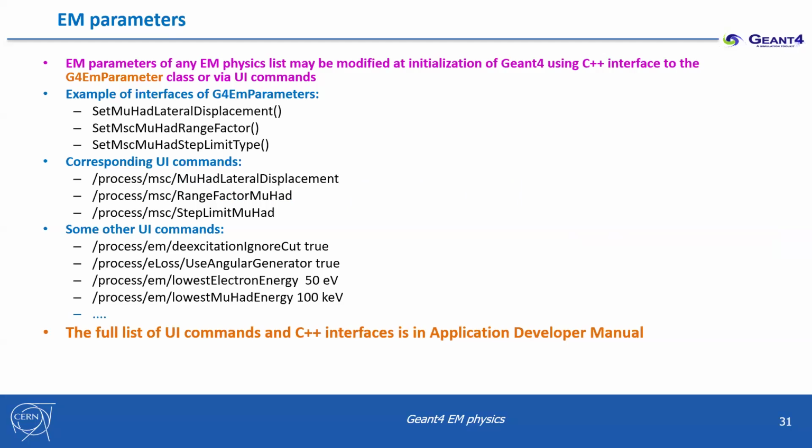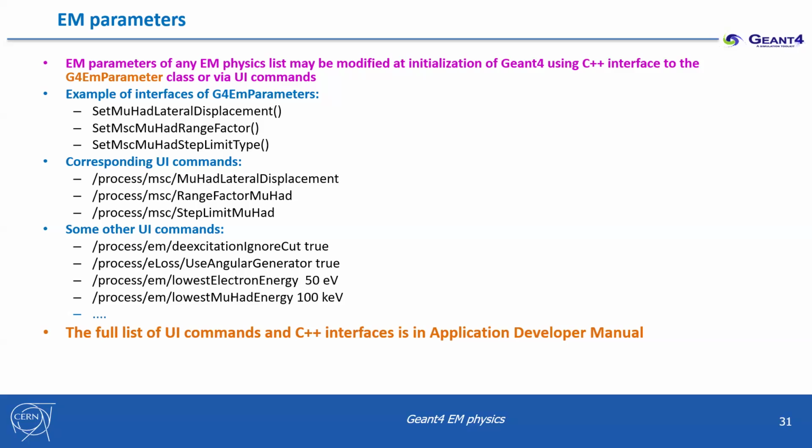And we are going to the end. We have parameters which allow you to make extra configuration on top of the physics list which we have. And there are different parameters. The most important on this slide is on the bottom. The full list of UI commands and C++ interfaces is shown in the Application Developer Manual.